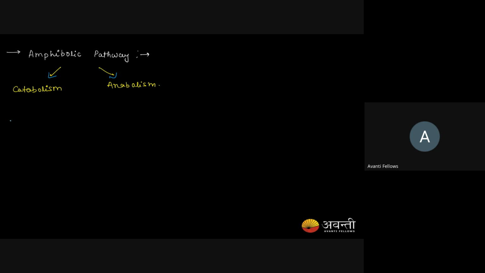We all know why we are doing respiration. What is the basic need of respiration? The basic need is energy. So for the formation of energy, we need to break down our protein, carbohydrates, lipids and fatty acids.